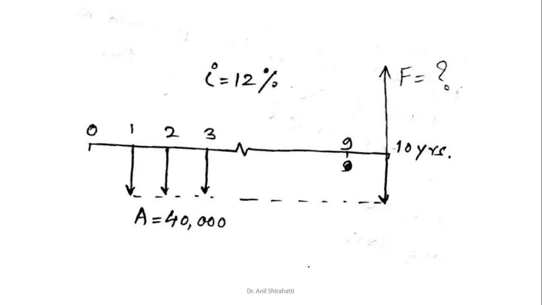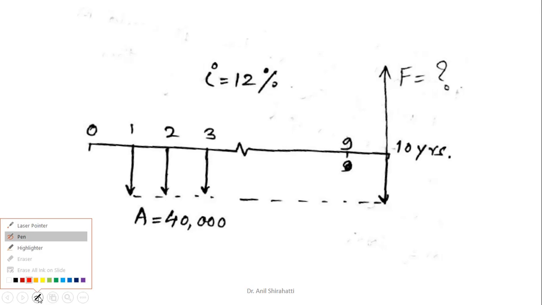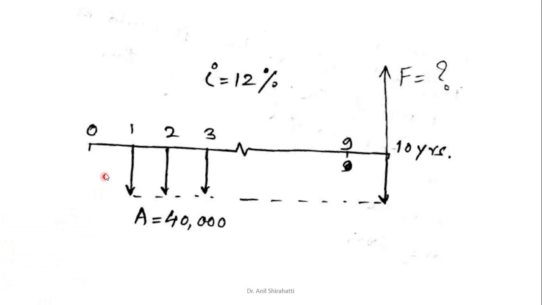So what happens in the cash flow diagram? First we try to draw the time frame. Here 0 to 10 years, so the time frame is done. You represent 0 to 1. Every year he is depositing 40,000, so the amount is going out of his pocket and going to the bank.